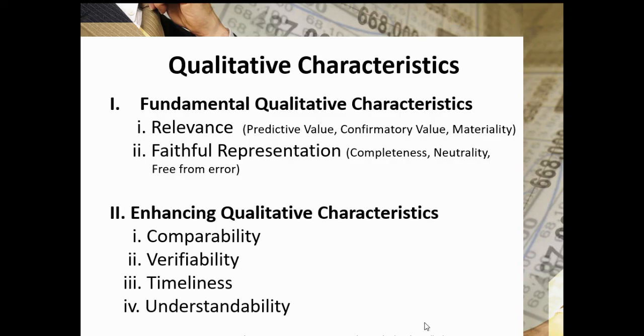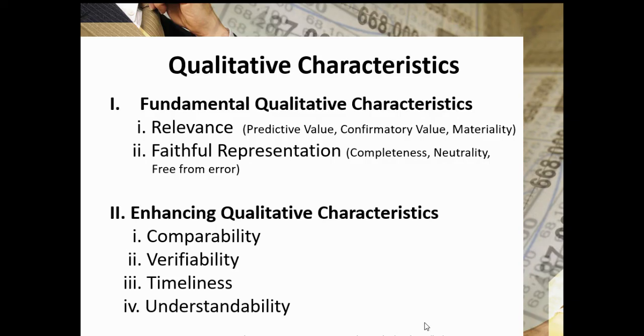So verifiable. Another one is the timeliness. Information is timely if it is available to users in time to be able to influence their decisions. This is like the saying, aanhin pang damo kung patayin ang kabayo, or too late the hero.